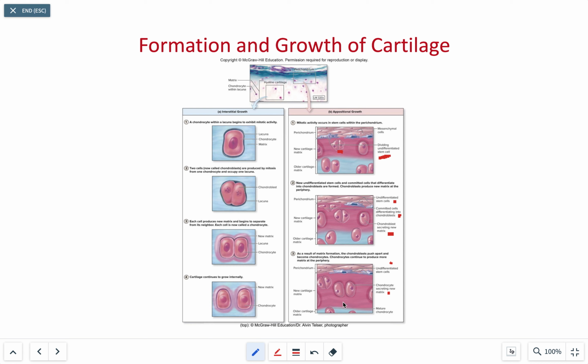Once we see that cartilage has matured, no new cartilage can begin. So this is simply the growth phase of cartilage, and once we get into maturity, we won't see any more division of the mesenchymal cells, and we will no longer see any more of the chondrocytes producing matrix.